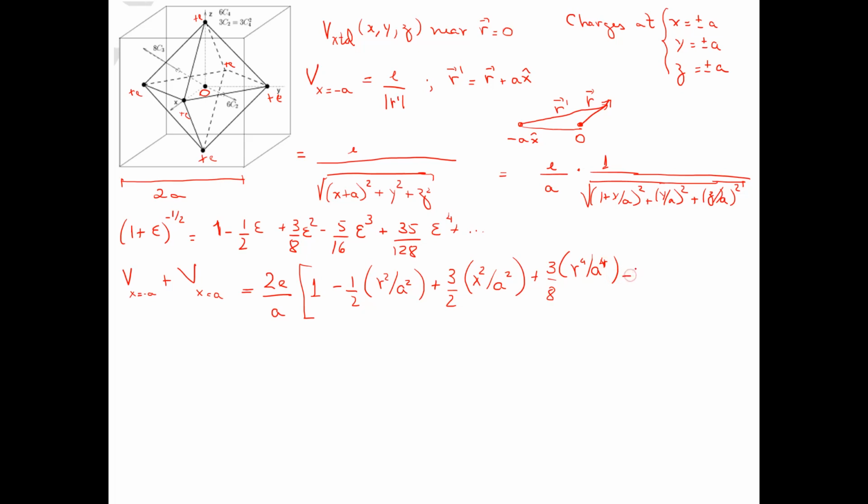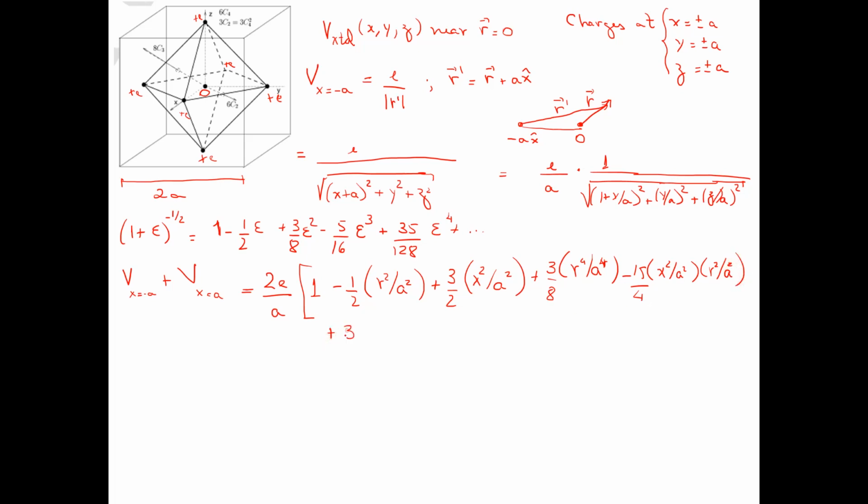Minus 15/4, and then I have x squared over a squared times r squared over a squared. This is also a fourth order term.